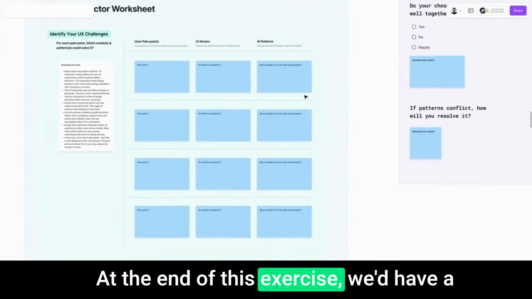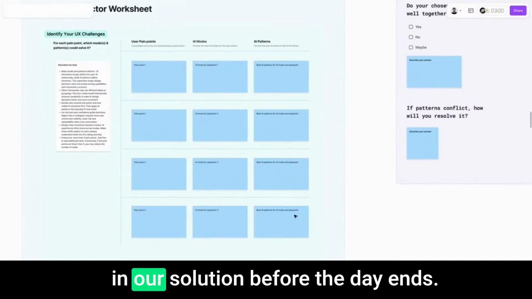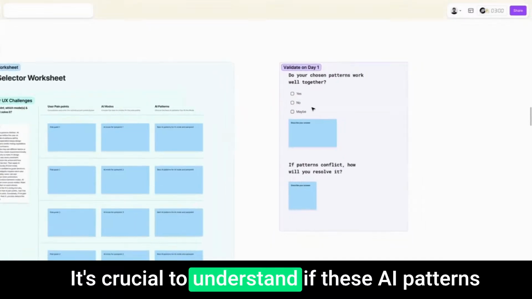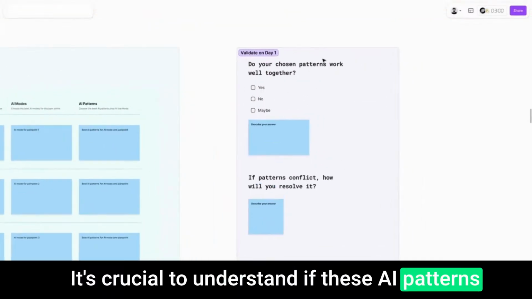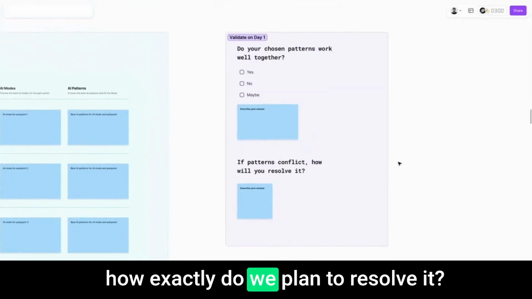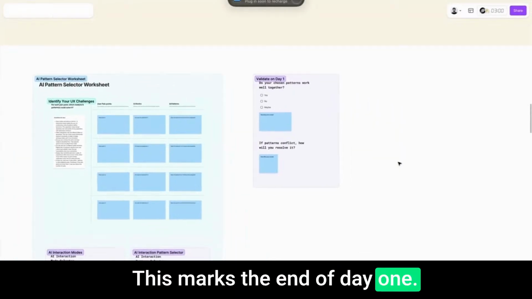At the end of this exercise, we would have a list of different AI patterns to be used in our solution. Before the day ends, it's crucial to understand if these AI patterns will work together, and if there is a conflict, how exactly do we plan to resolve it.